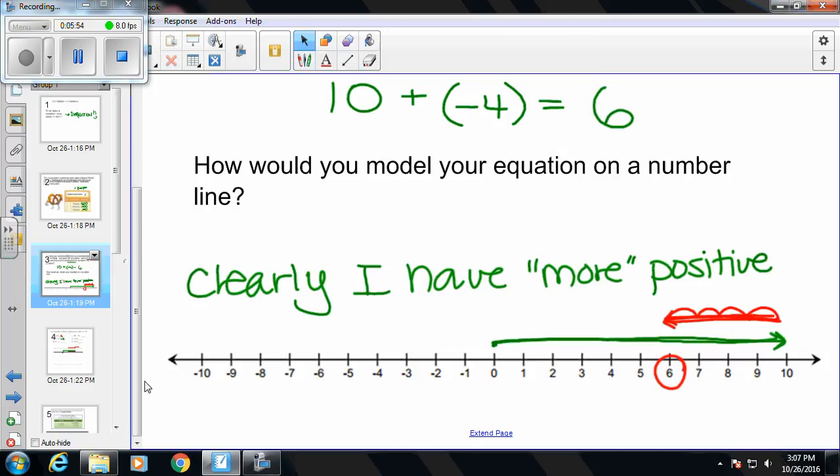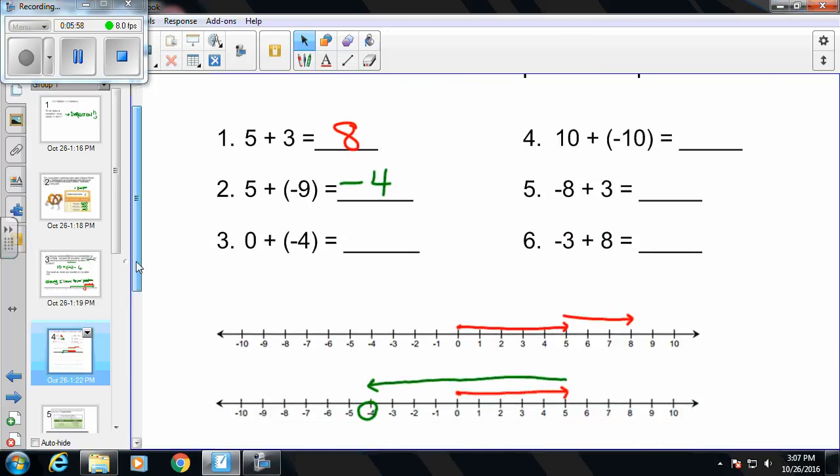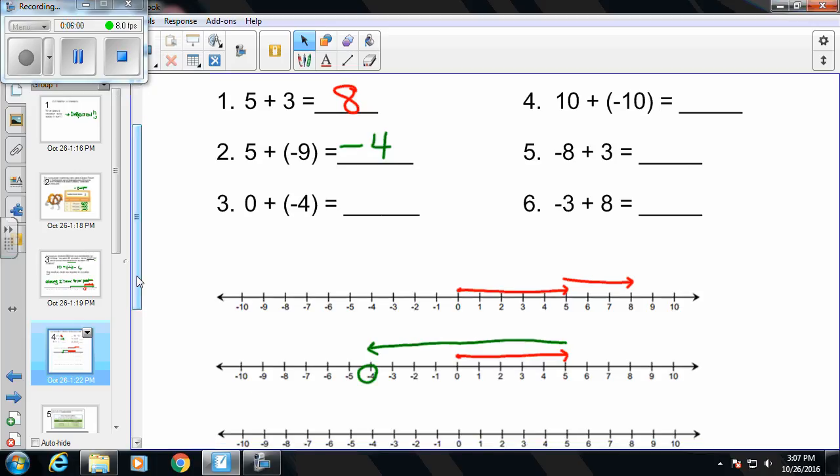Okay? So let's look at our next page. The first one here, 5 plus 3 is 8. If I look at this number line here, I have 5 positive and 3 positive. I have all positive. My answer to 1 was positive. But let's look at 2.